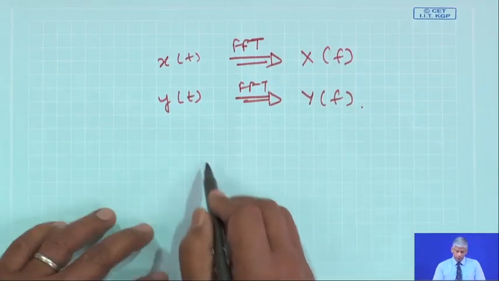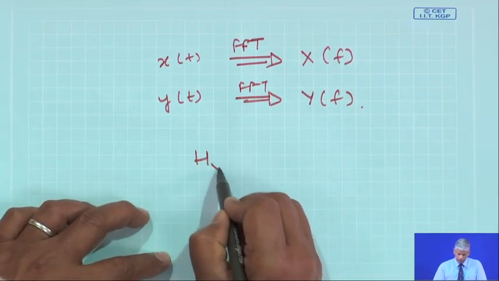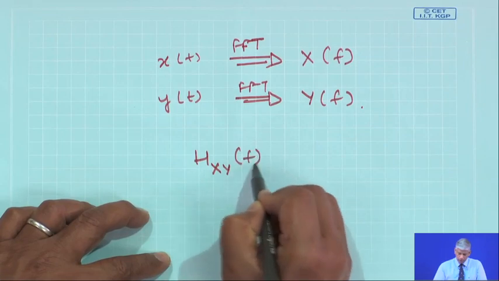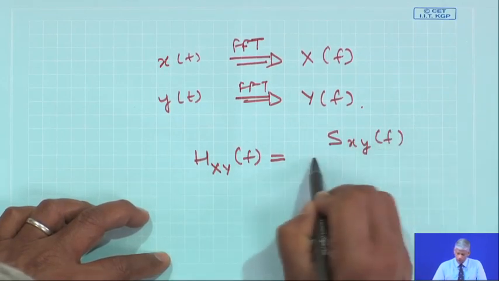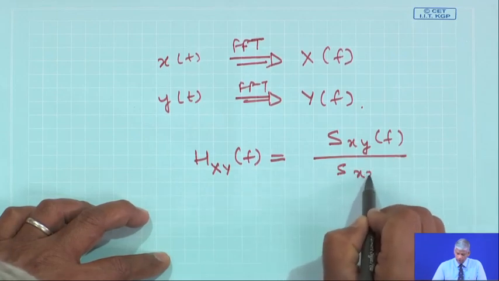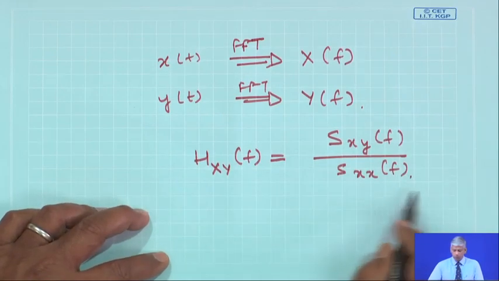So, I have to do them simultaneously. So, the transfer function H_xy is nothing but S_xy(f) by S_xx(f).